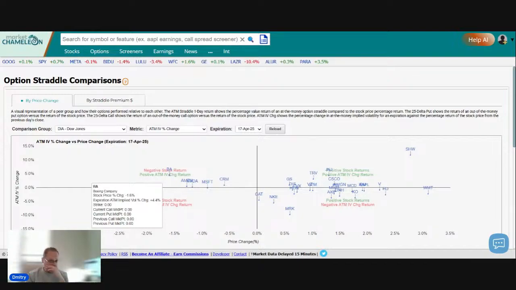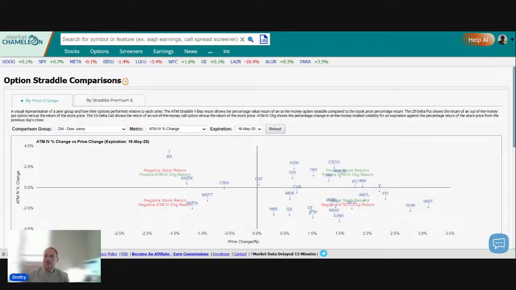And now we see the Dow Jones here in our group. If we wanted to go to a different expiration, maybe you want to go longer term or shorter term, we drop down this menu. Let's go May 16th, select May 16th, reload it, and this will bring back the May 16th expiration.